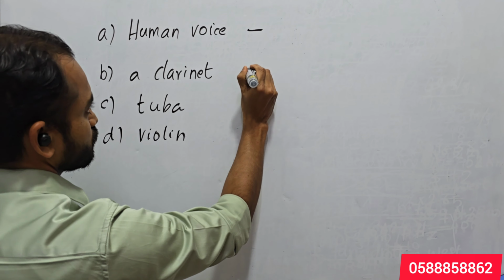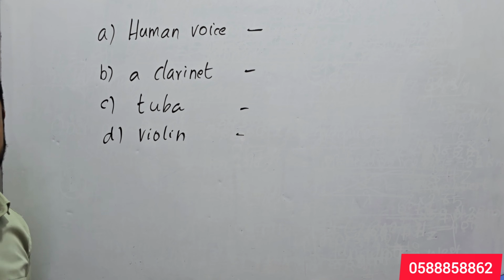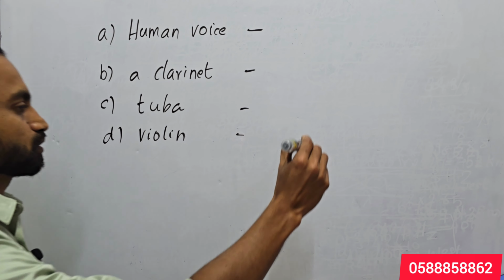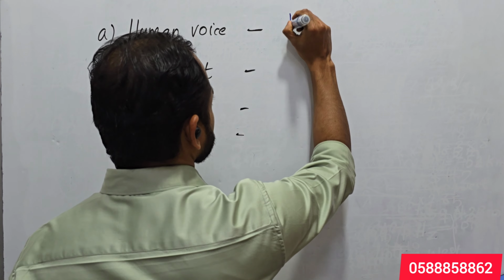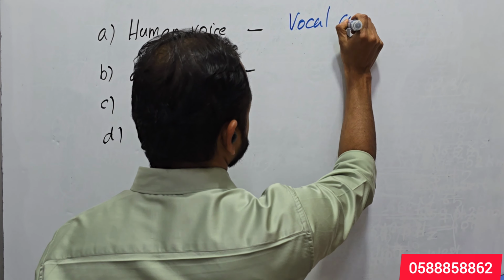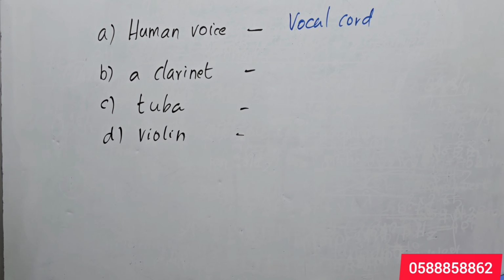So in a human voice, what object vibrates to produce sound? Vocal cord. So your answer here is vocal cord. Very good. In a clarinet, what vibrates to produce sound? You can refer to your physics book.